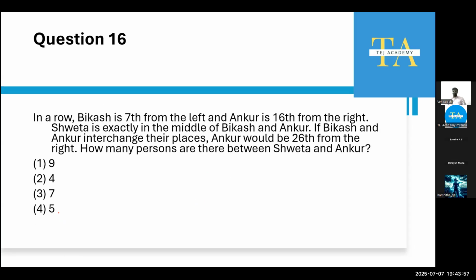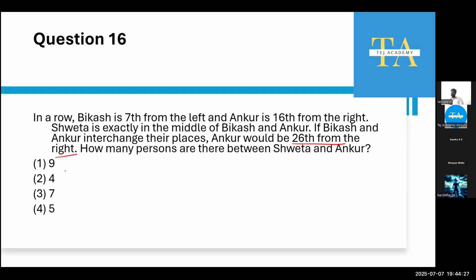Okay, next one, the 16th question. Question number 16. In a row, Bhikshu is 7th from the left and Ankur is 16th from the right. Shweta is exactly in the middle of Bhikshu and Ankur. Bhikshu and Ankur interchange the places. After interchanging, Ankur would be 26th from the right.